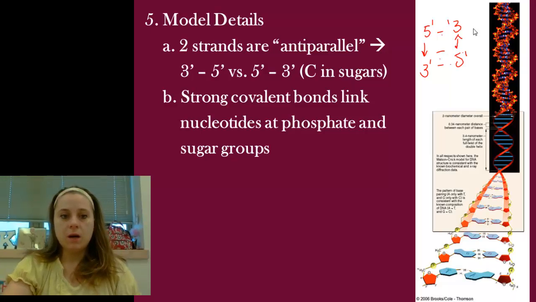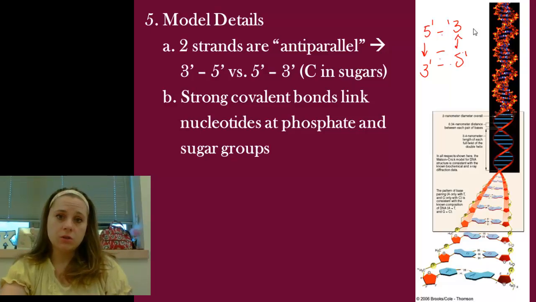These covalent bonds link the nucleotides, the sugar and the phosphate. So the sides of your ladder are made up of alternating sugar and phosphate. Covalent bonds are what link my nucleotides together, and we do that on the sides of the ladder between the sugar and the phosphate.